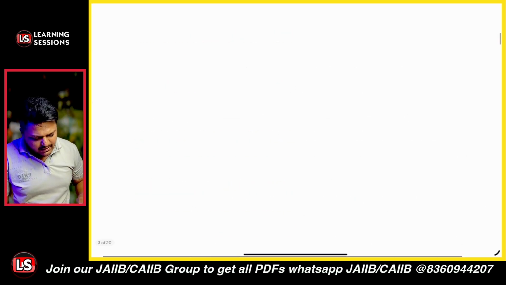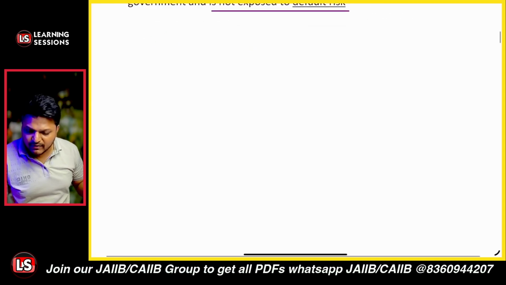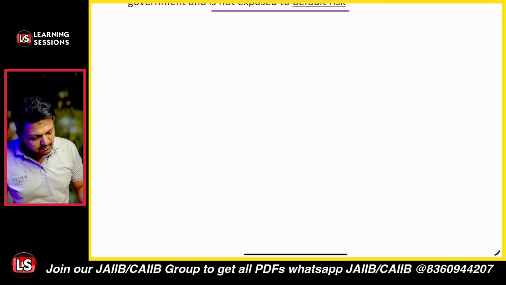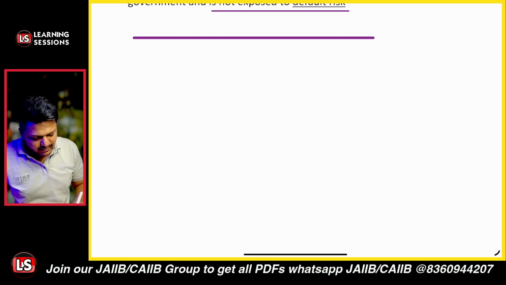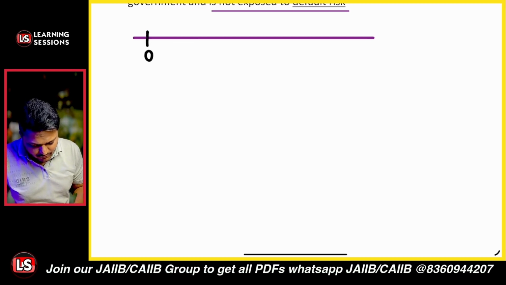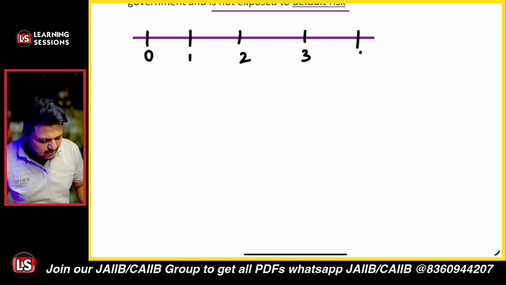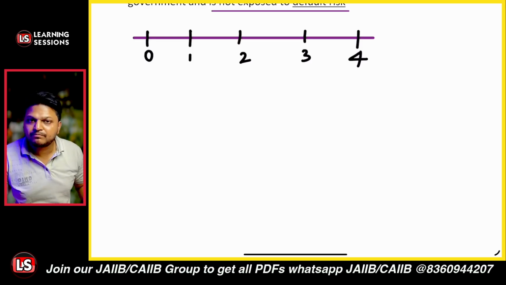But before understanding this particular point, let's understand the case of the annuity. If I am not basically familiar with the concept of annuity, let's have a look at it. Let's say there is a timeline. We're considering a timeline for a bond: 0, 1, 2, 3, and 4. We're considering a bond which has the maturity of 4 years.